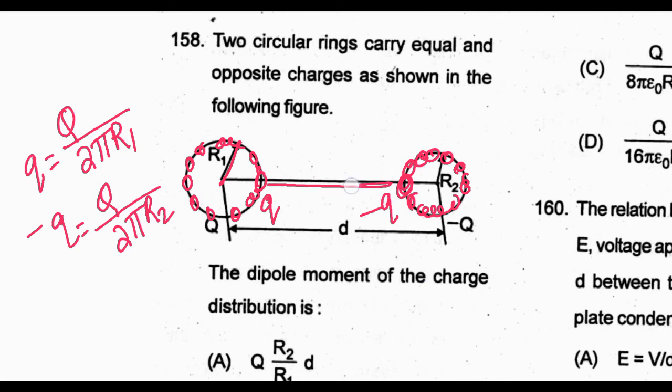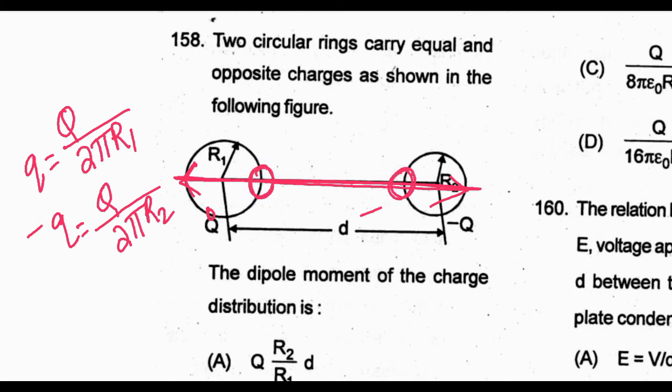If we consider the dipole, we cannot say that this may be the dipole, because in a dipole two point charges are to be placed at the terminals, not at the middles, because here we are getting a point charge here and a point charge here.